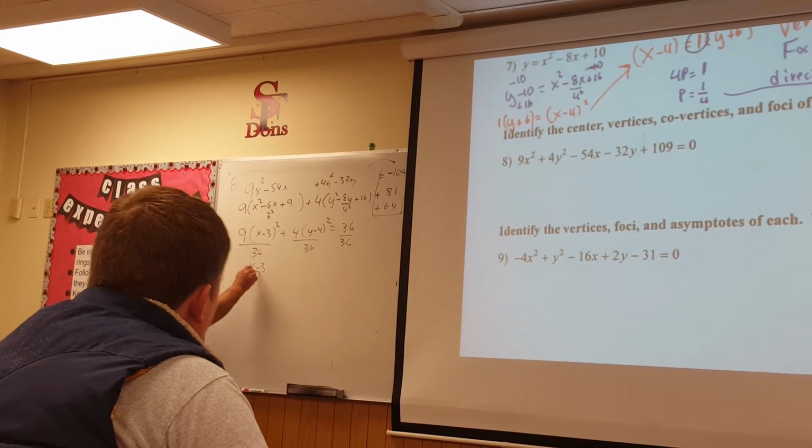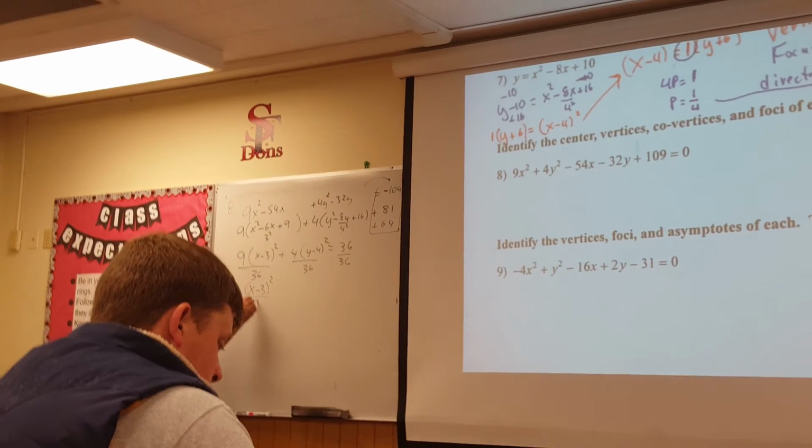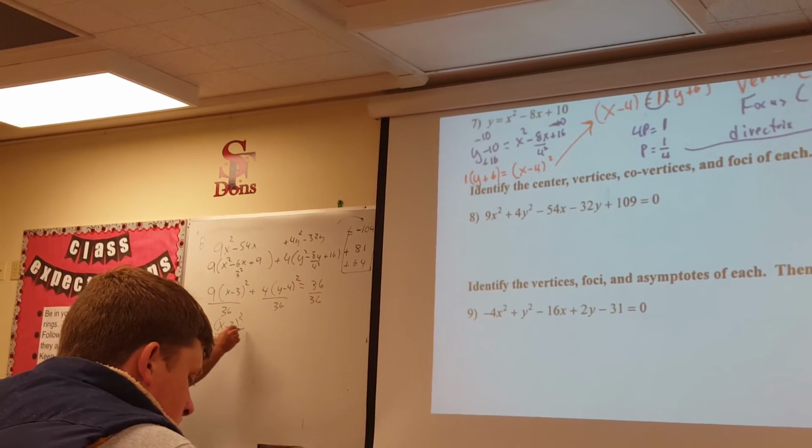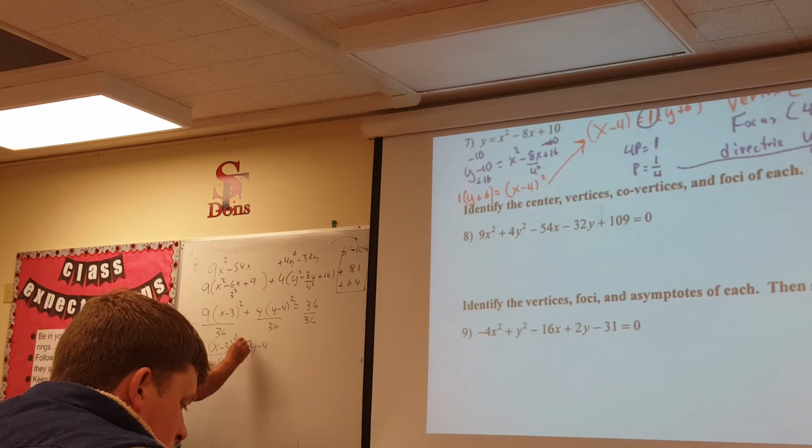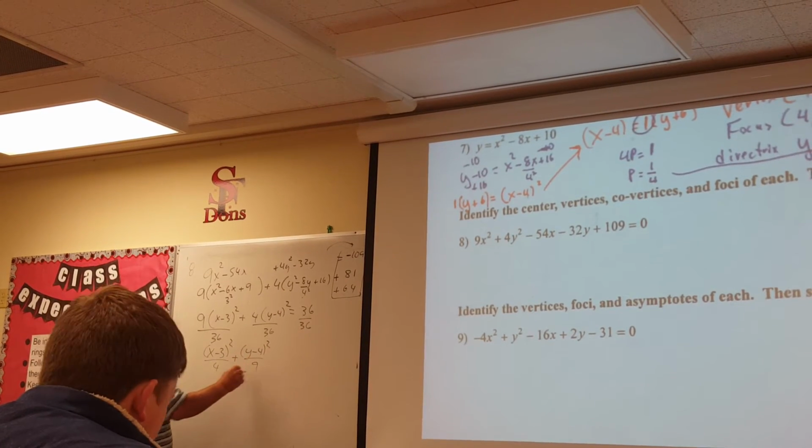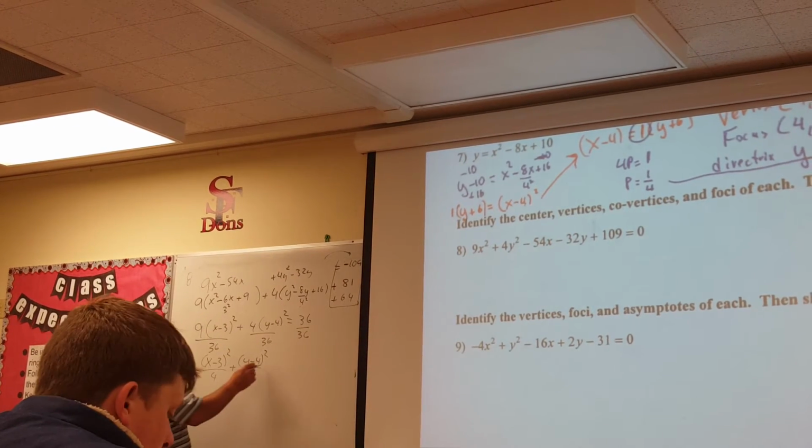So we get x minus 3 squared over 4, 9 into 36, plus y minus 4 squared over 9, 4 into 36 is 9, equals 1.